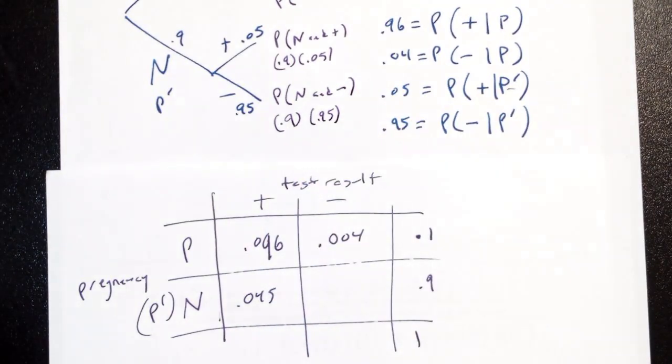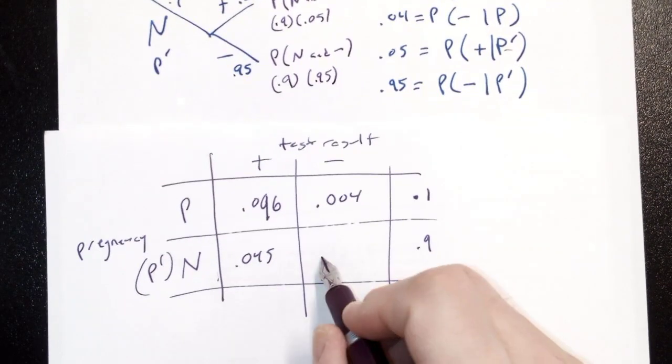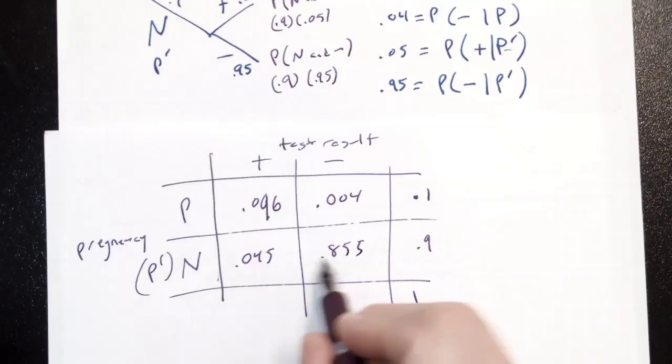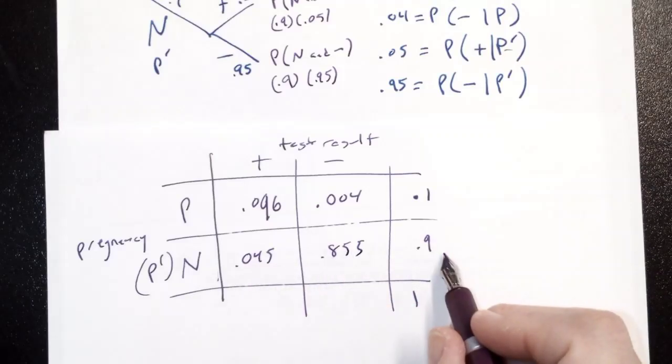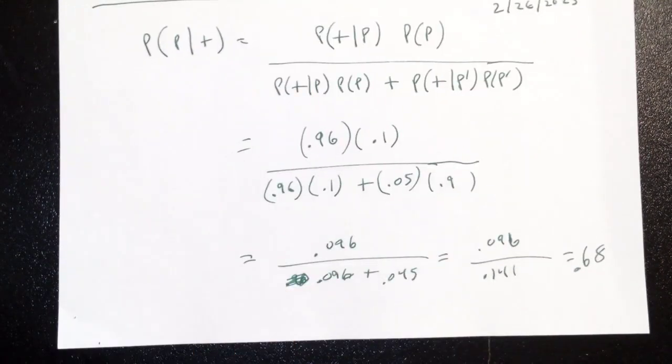What do I get for that? And notice adding those together gives me 0.900. That's right. Now, what we did in this calculation was to ask for the probability of pregnant given a positive pregnancy test.